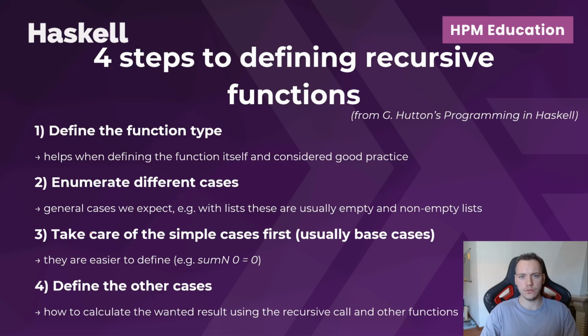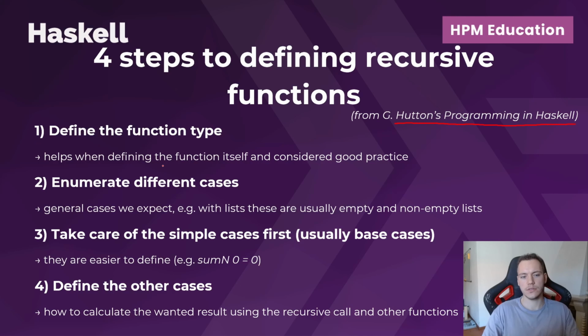When it comes to defining recursive functions, I found the 4 steps given in Hutton's book Programming in Haskell very useful and helpful, and I think this is a good book for learning about Haskell. If you're interested, you can check it out. The 4 steps are as follows. Number 1, we define the function type signature.